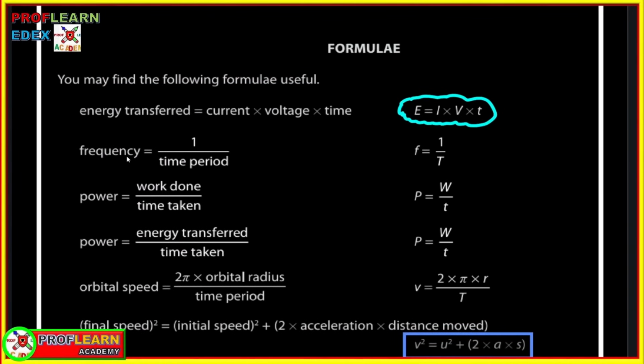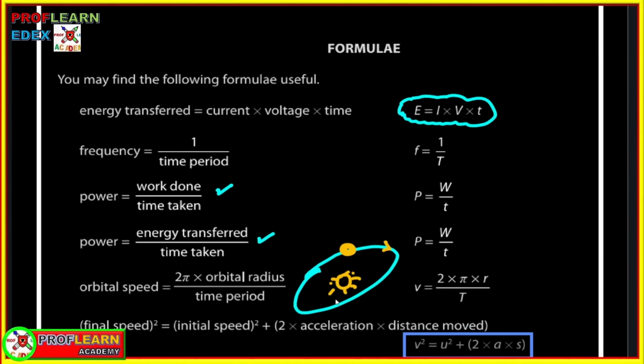We are given a formula for electrical energy. In waves, we are given a formula that relates frequency and period. Under work, energy and power, we are given formulas there. And now we also have the formula for the orbital speed. Remember, if an object is orbiting the sun, then it is going to move around the orbit in that particular direction, or the other way, whichever way it's moving.